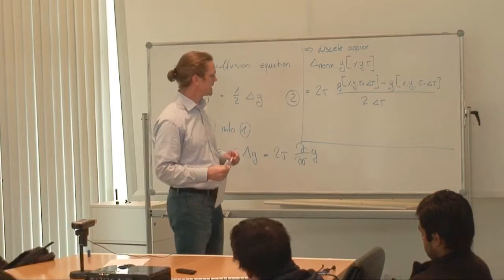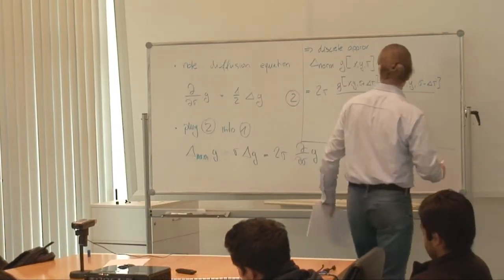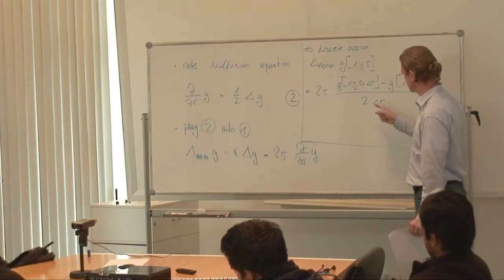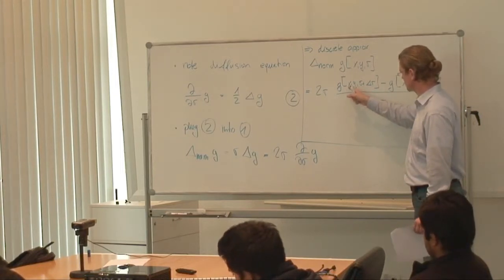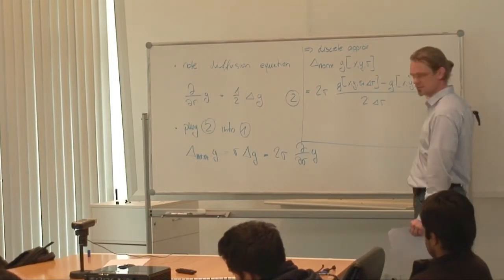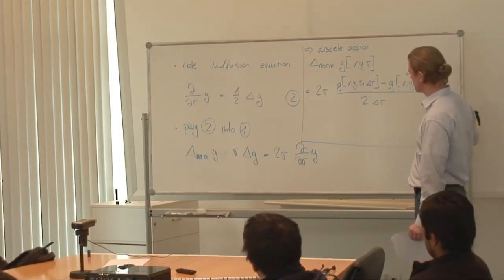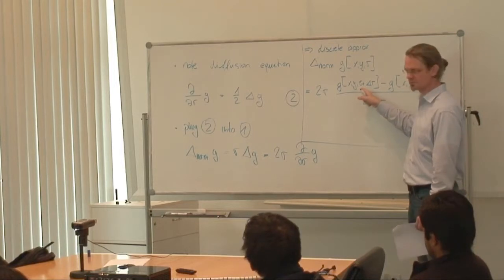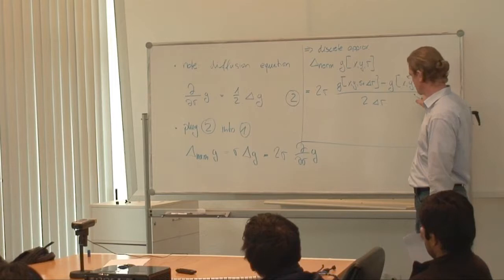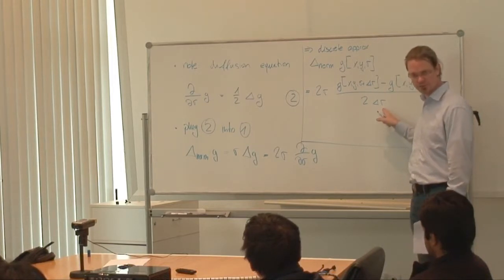Note this trick I made. When we typically do this, we would have, say, G of x, y, and sigma minus G of x, y, and sigma minus delta sigma. But here I've actually added something to the sigma and subtracted something from this sigma, and therefore I have to sort of divide that by 2 delta sigma.